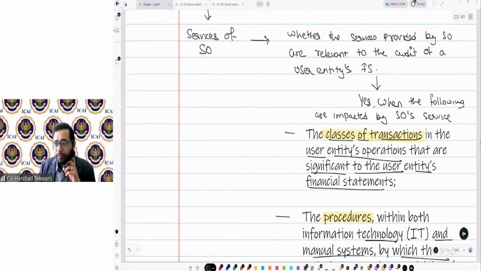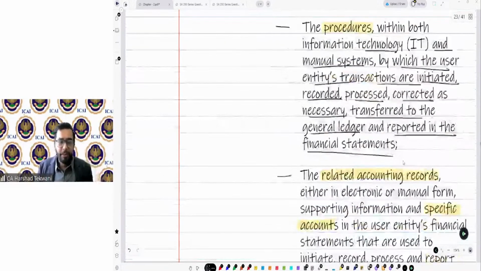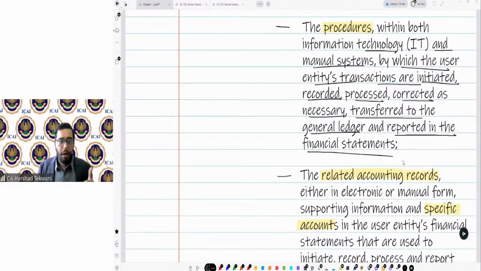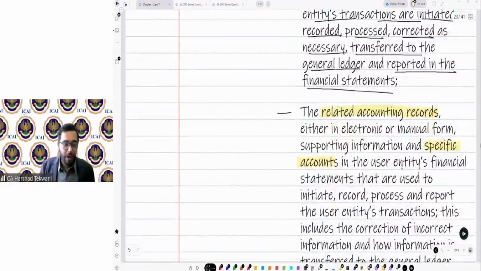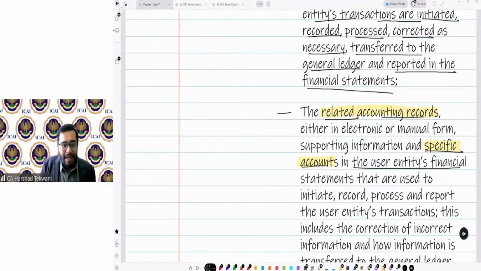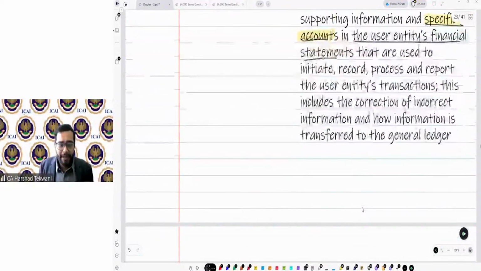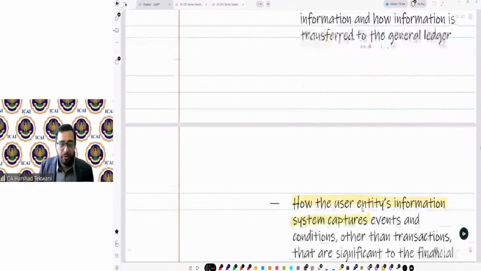Any doubt till now? So I am saying yes, I need to cover the service organization when the following are impacted by its services: the classes of transaction, the procedures within the IT system or manual system, the related accounting records, specific accounts in the user entity's financial statement, and how they are used to initiate, record, and everything, the rest of the things with respect to the accounts.